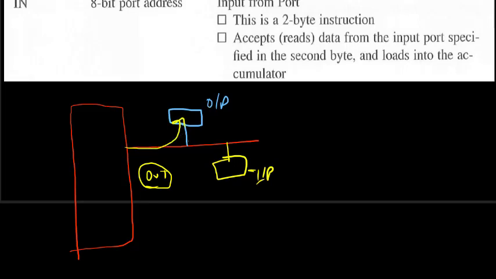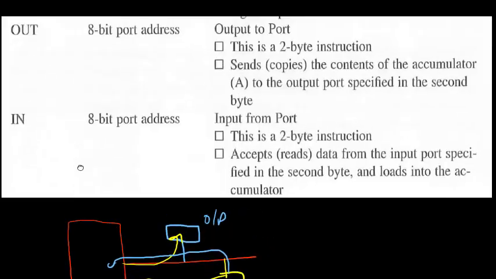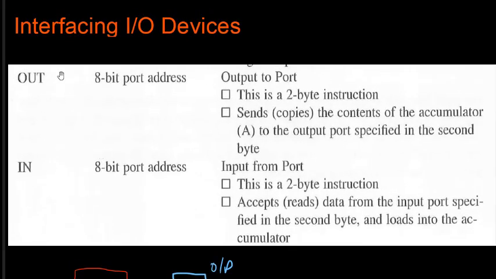Many times we want to read input from some input device. In that case, we use the instruction IN with the port address of the input port. When we give this, the data goes from the input device into the accumulator. So these are the two instructions, IN and OUT, and this is how peripheral input output devices work.